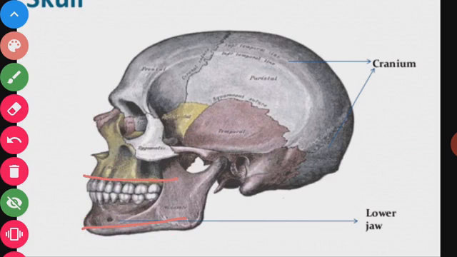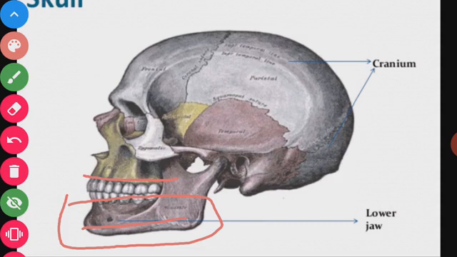The lower jaw is movable, and it helps us to chew food and in talking. The upper jaw is fixed and not movable. Only the lower jaw is movable.